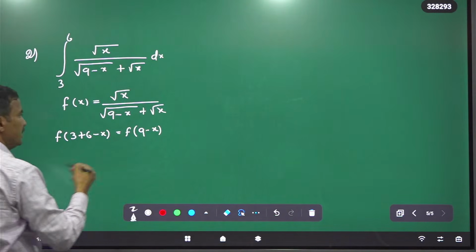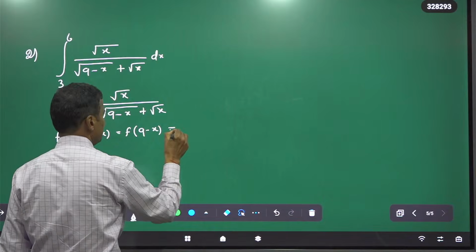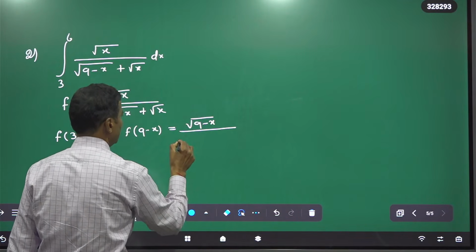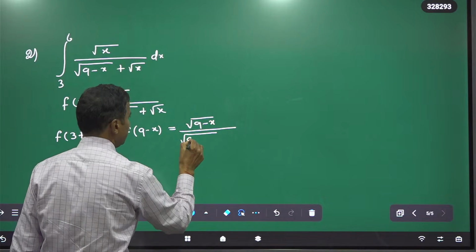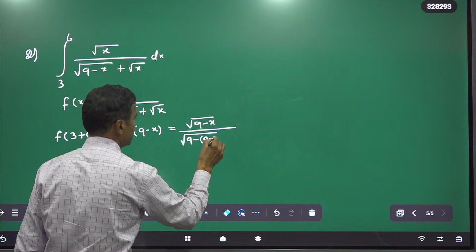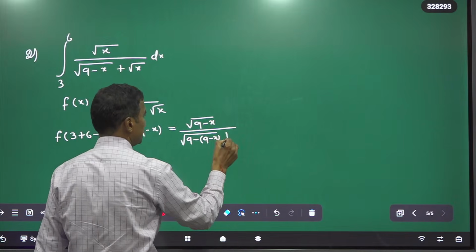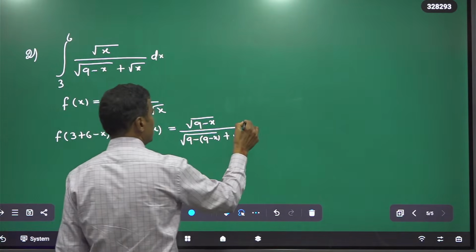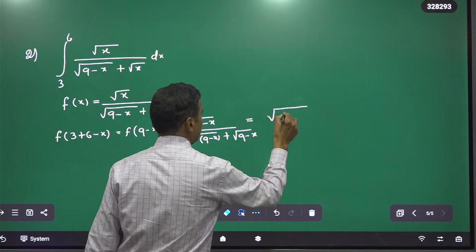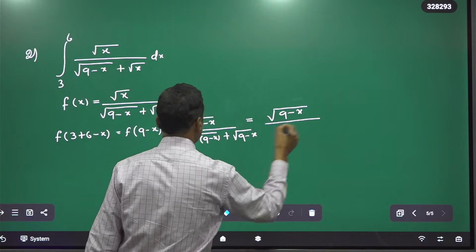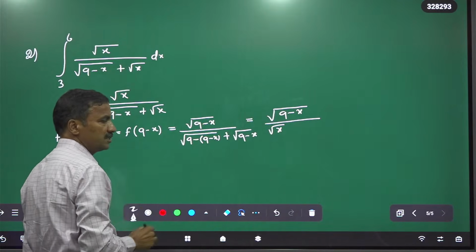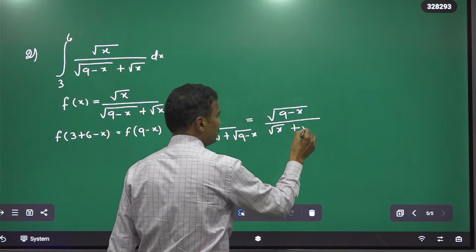So, f of 9 minus x means that is root of 9 minus x divided by root of 9 minus 9 minus x, and plus root of 9 minus x. So, that is equal to root of 9 minus x by root x, because 9 gets cancelled, minus of minus is plus, and plus root of 9 minus x.